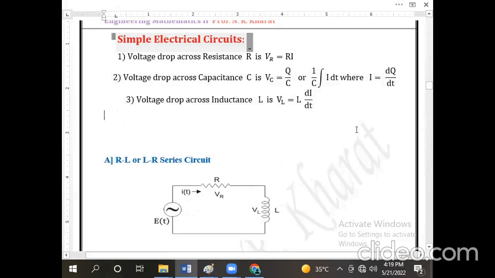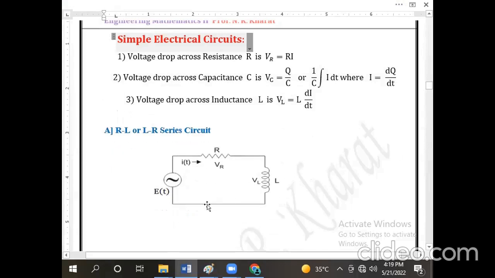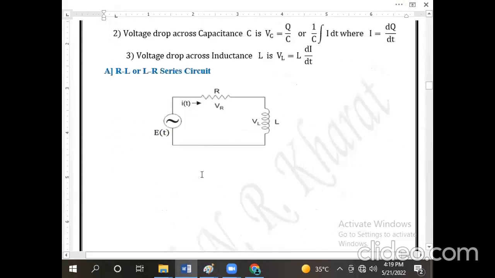Your inductance and resistance are connected in series, and some voltage is applied to this circuit. When the voltage is applied, the current flows through the particular components, that is R and inductance.